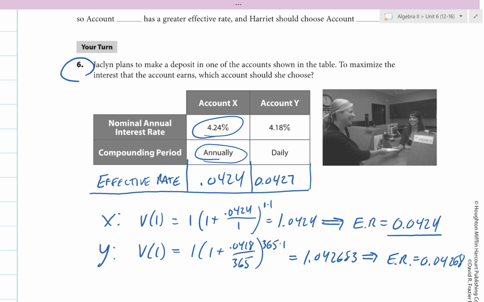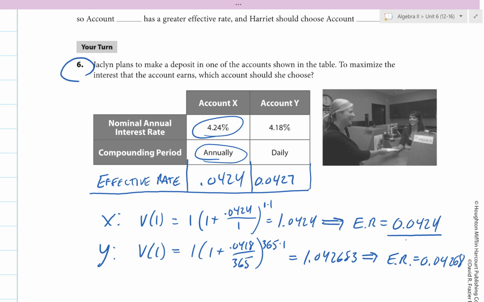When you compound more often than once a year, that's where your effective rate will be higher than your nominal rate. For account Y, we put in $1 for a year at 365 compounds per year, and you get $1 and 4.26383 cents, so our effective rate is 0.0427.